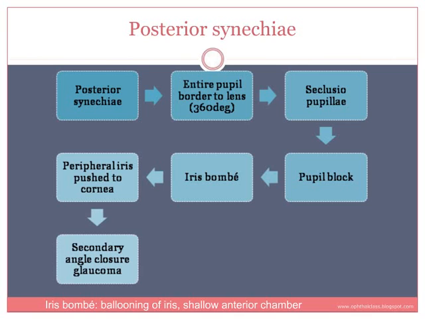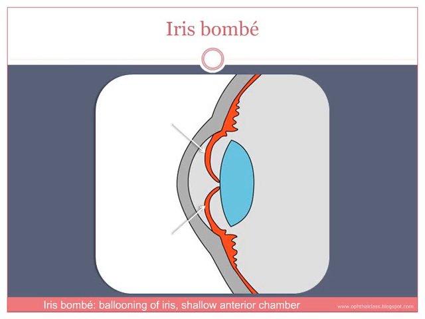So this is a result of extensive posterior synechiae. This is a diagram which shows iris bombe. Note the iris which is ballooned into the anterior chamber, shallowing the anterior chamber, the cause of which is 360 degrees pupillary synechiae, which finally results in angle closure at the periphery. This is called secondary angle closure glaucoma.